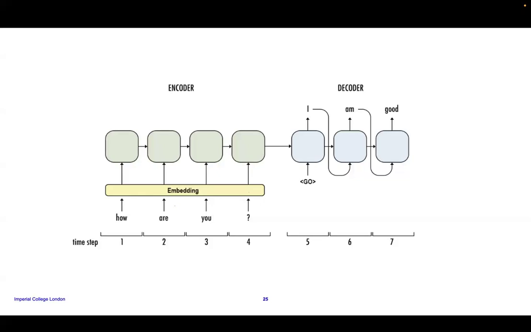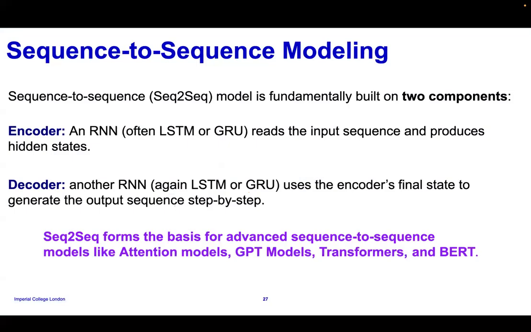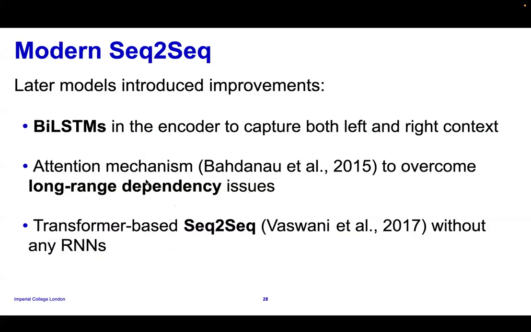So the new thing that was introduced to solve the issue of long-term dependency is what we call the attention mechanism. It basically overcomes the long-range dependency issue. So if you have a sentence, even if the sentence is very long, and LSTM architecture cannot solve that issue, the attention mechanism now solves that issue. And the attention mechanism was introduced in 2015.